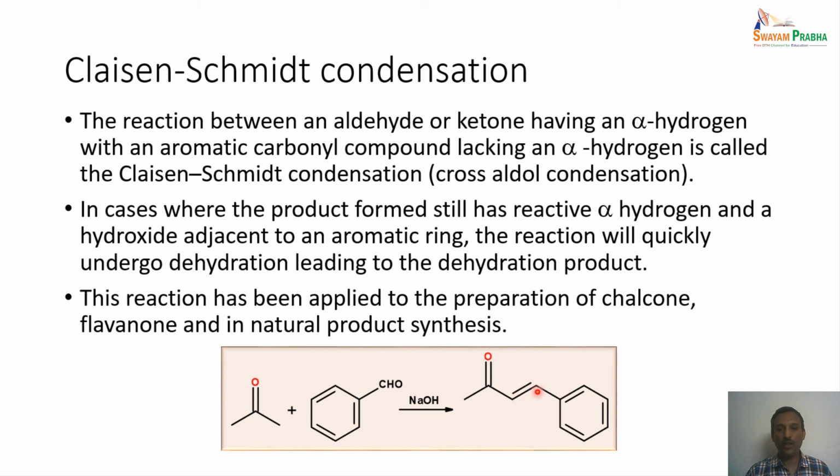So here, instead of the aldol derivative, we actually have an alpha beta unsaturated compound. So that means there is a hydroxyl unit which underwent dehydration to give this particular alpha beta unsaturated system. So when we look at the mechanism, we will see how the reaction actually proceeds. And this reaction is applied for the preparation of chalcones, flavones, and many natural products.